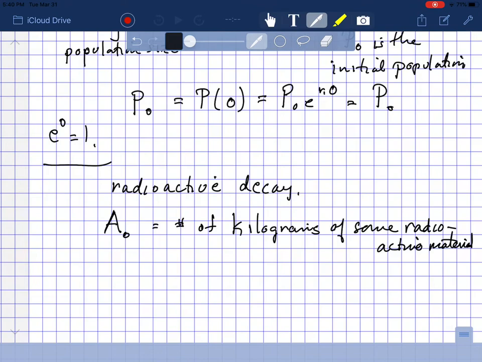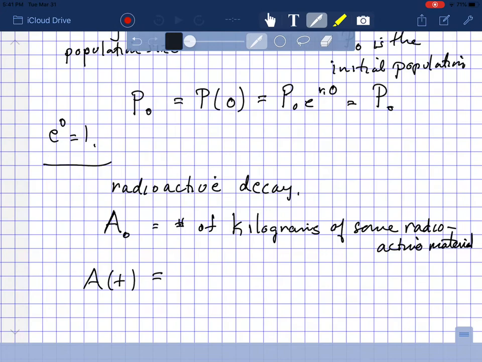Then what you find is, with a radioactive material, the element, the material, is actually changing to a different element over time. So the initial amount of the material that you have is actually going to decrease with time.